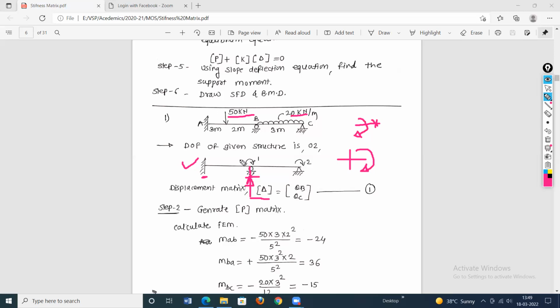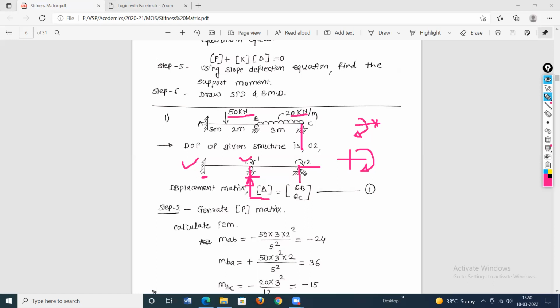So at support B, one rotational degree of freedom is possible. That is number one. Similarly, support C is a hinge support. A hinge support offers two reactions, one vertical reaction and the other a horizontal reaction. These two reactions are resistive forces, restraining forces.